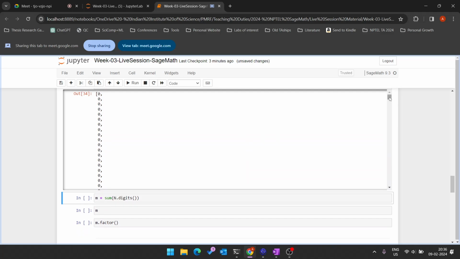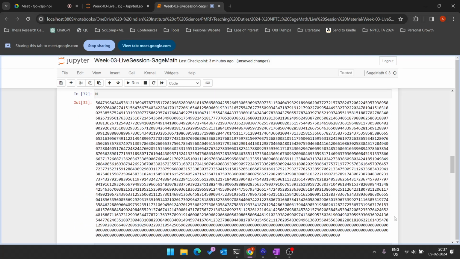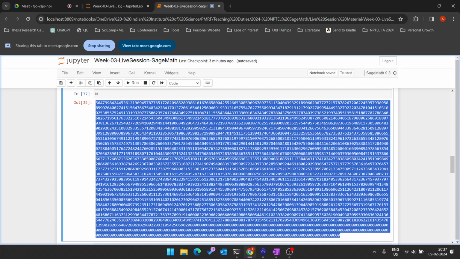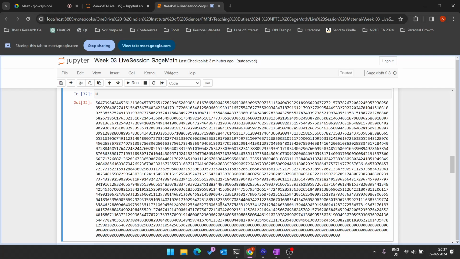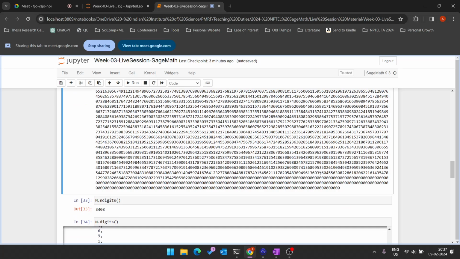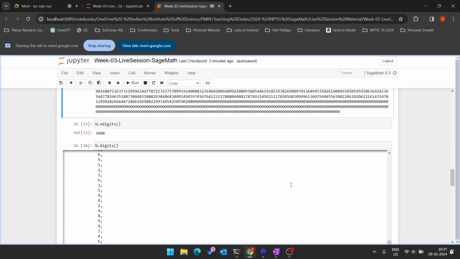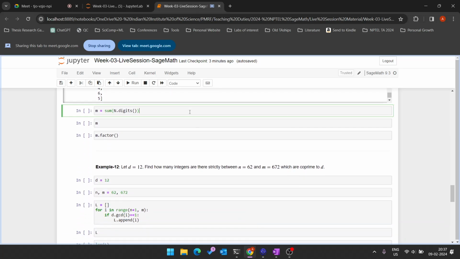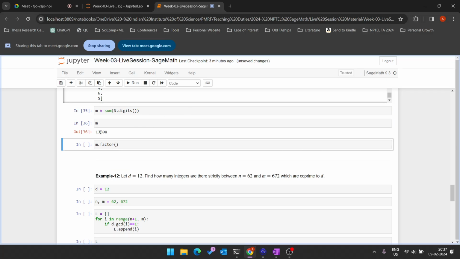So there are a bunch of zeros at the end. Then there may be a few zeros in between also, as you can see here around the mouse cursor, and there are a lot more zeros at the end. So if I do the sum of all these digits and assign it to another integer m, what do I get? M is 13,608.